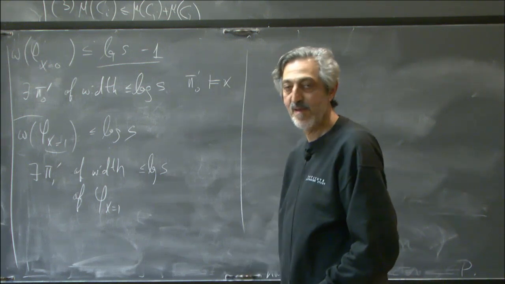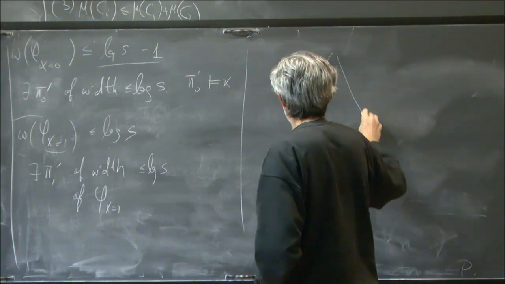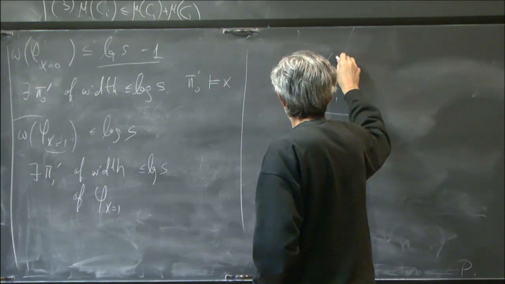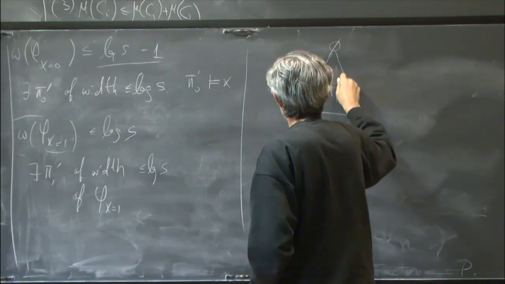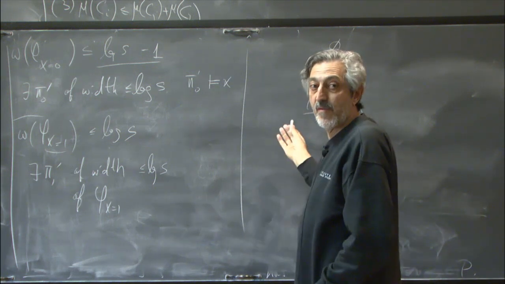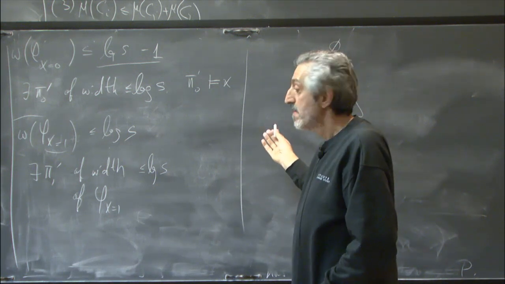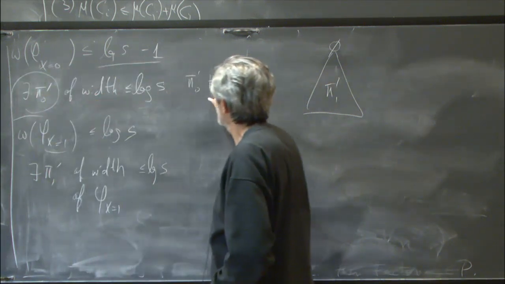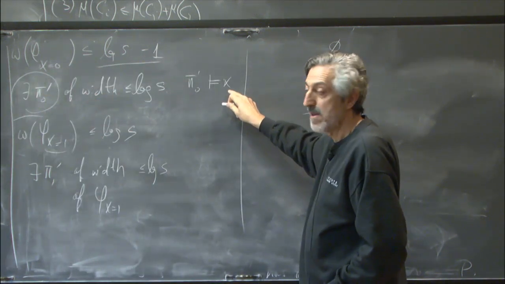Maybe you see it. So I have here pi 1 prime, which proves the contradiction, but I don't have the axioms of pi 1 prime. However, I have this thing which generates x.